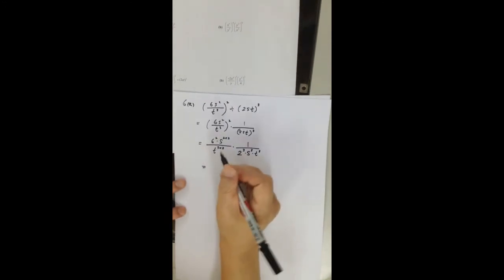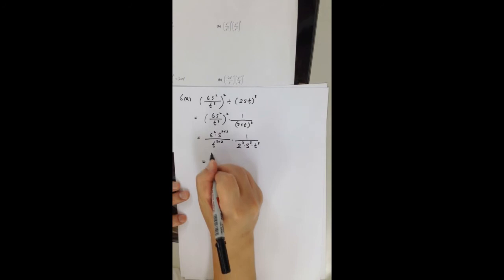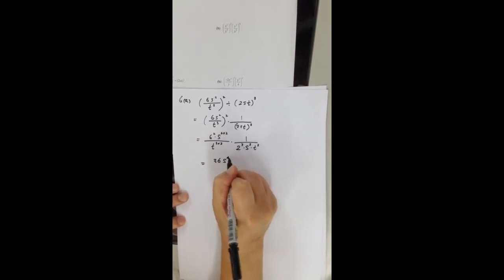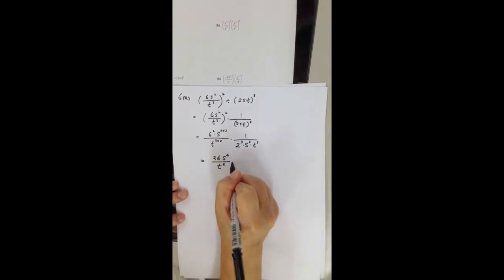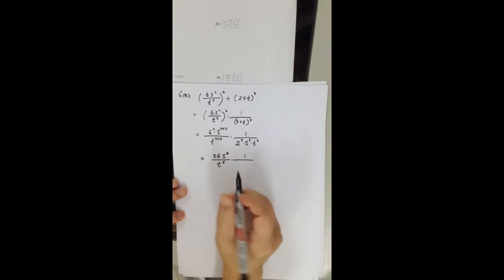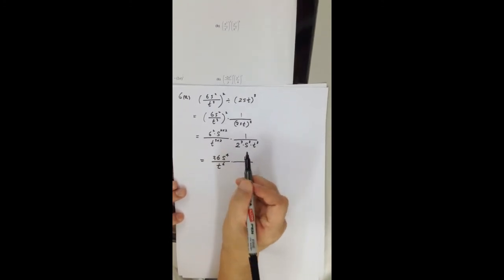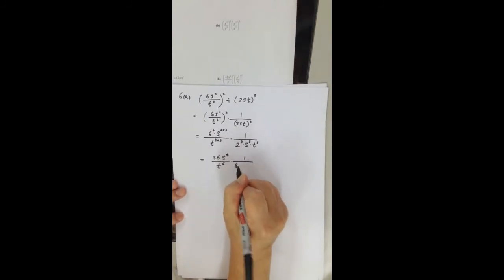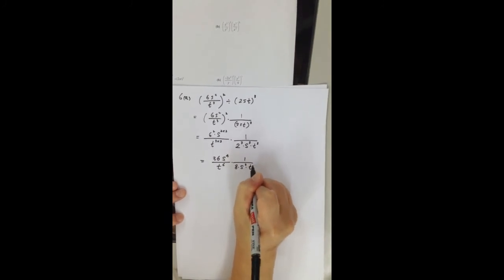And after that, calculate the value of the number first. 6 squared means 36. s to the power 4. For the letter t to the power 6 times, okay, what is the value of 2 to the power 3? 3, 2, 1, okay, the answer is 8. 8 times s cubed t to the power 3.